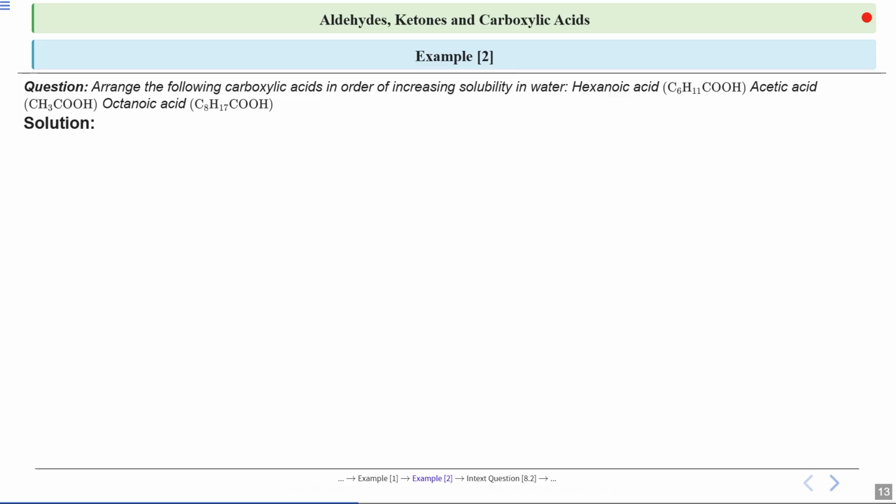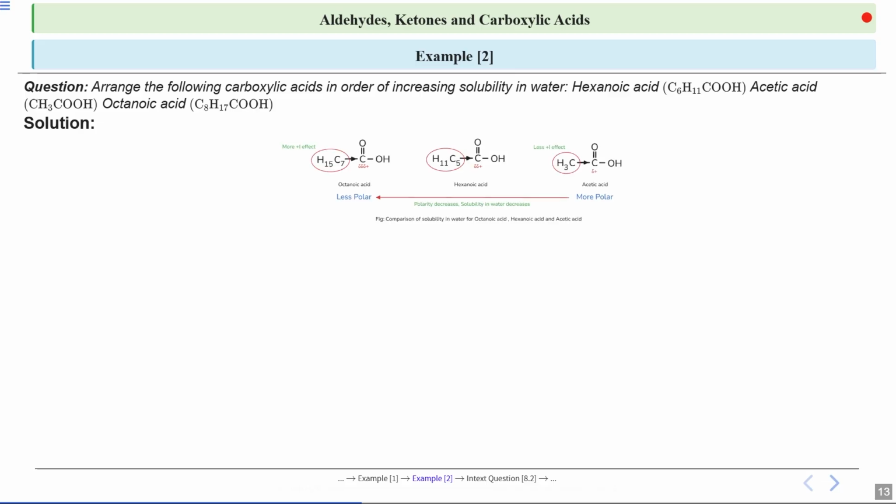Okay, let's discuss it. If you look at this particular image, this represents the molecular structure of the given carboxylic acids. The main thing you have to pay attention to here is the length of the hydrocarbon chain in each acid. This length determines the solubility. A longer carbon chain will show more positive inductive effect.